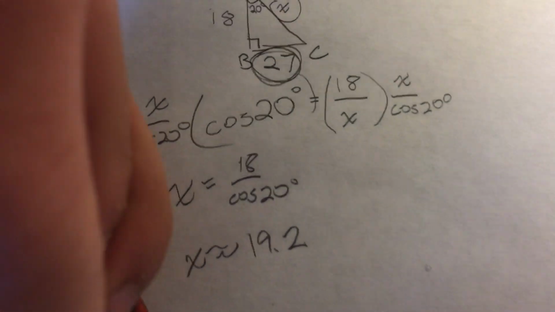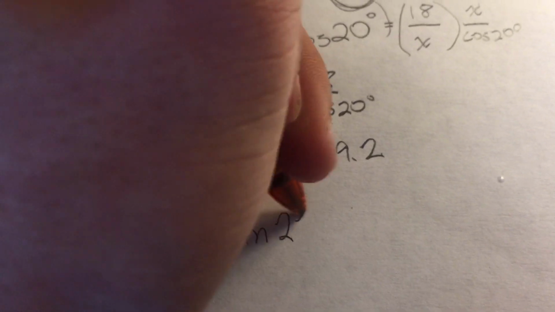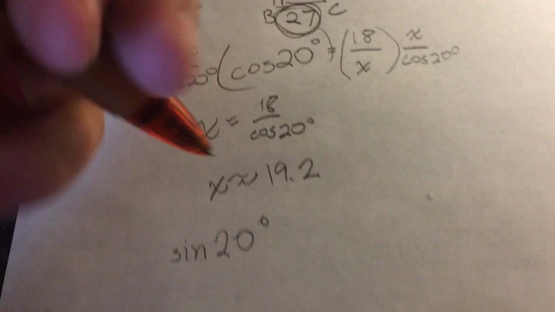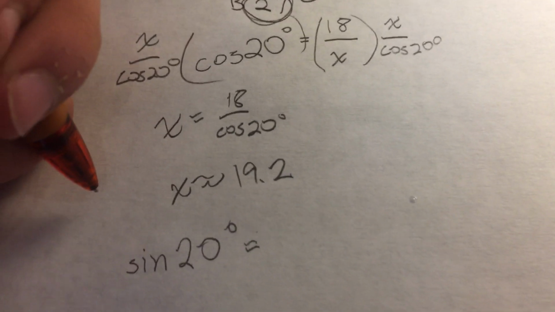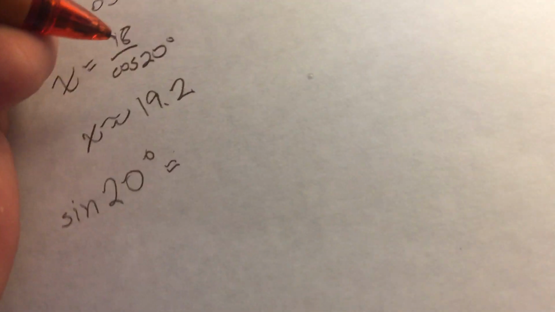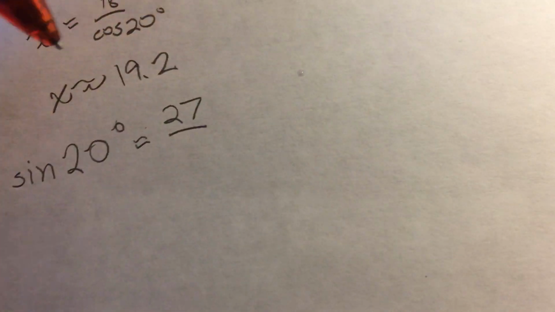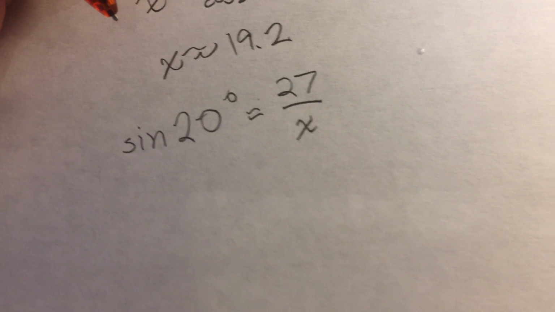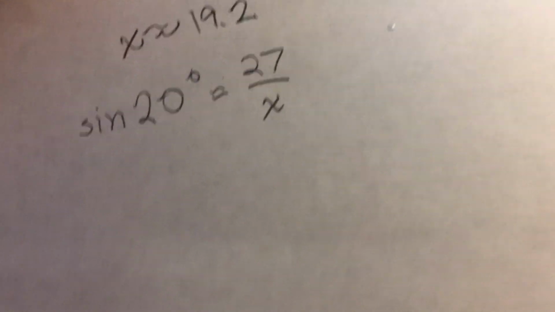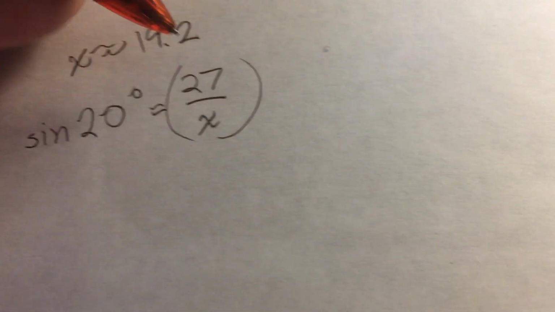Okay, so that means it would be sine 20, right? So sine 20 equals opposite over hypotenuse, which would be x over 27. I didn't do that right. Oh well. Never mind.